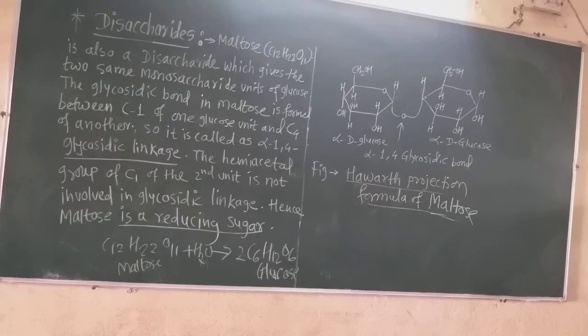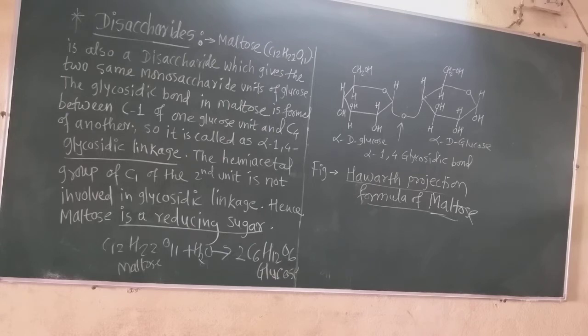It is formed from two monosaccharide units, D-galactose and D-glucose. The glycosidic linkage between C1 of beta-D-galactose and C4 of glucose joins these two monosaccharide units to each other and forms lactose sugar.